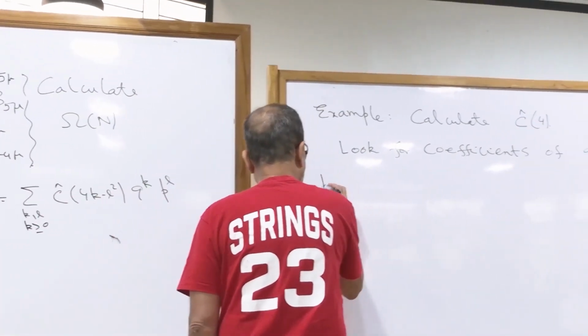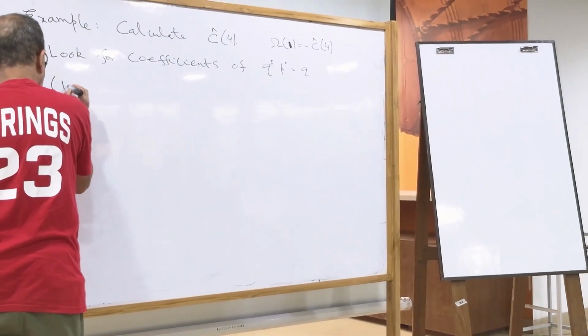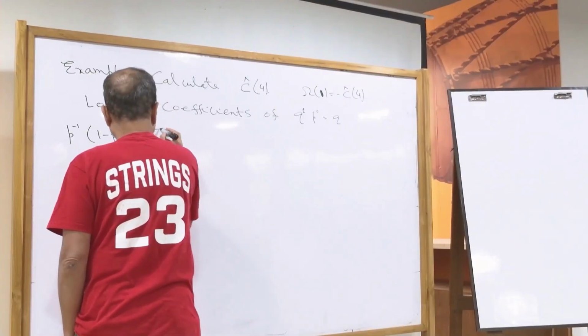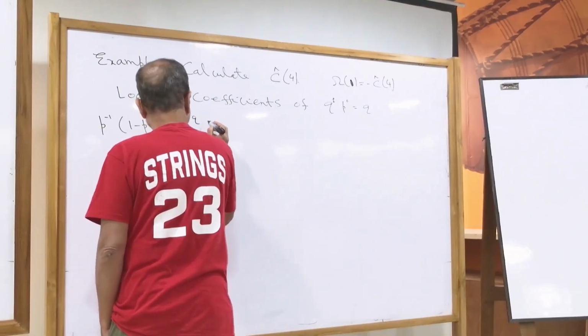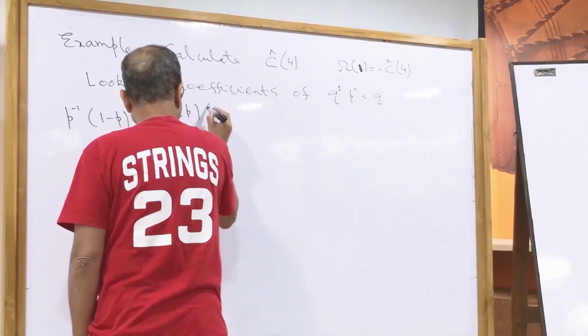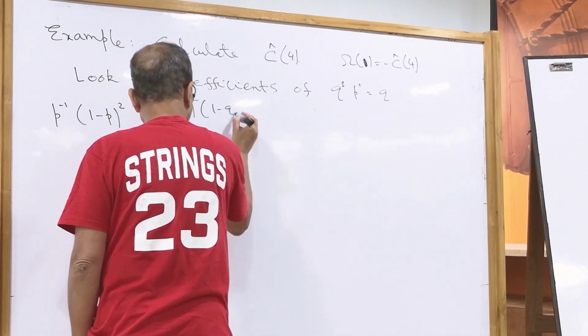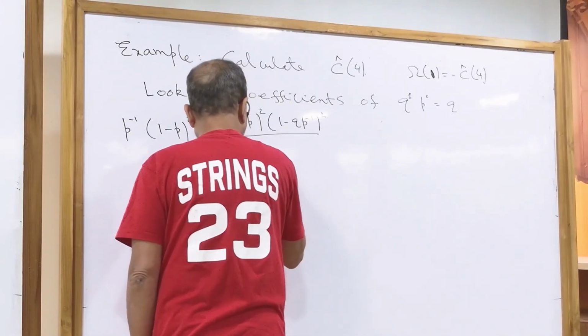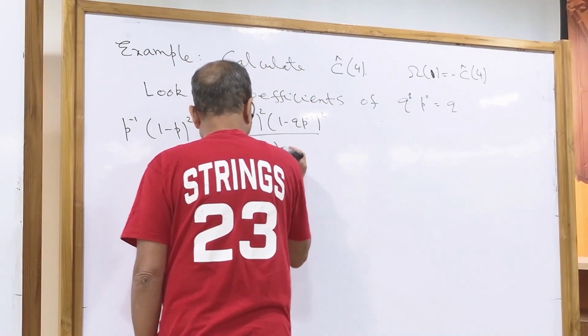The term that you are looking for is P inverse times 1 minus P square, times 1 minus Q P square, times 1 minus Q P inverse square, over 1 minus Q to the power 4.